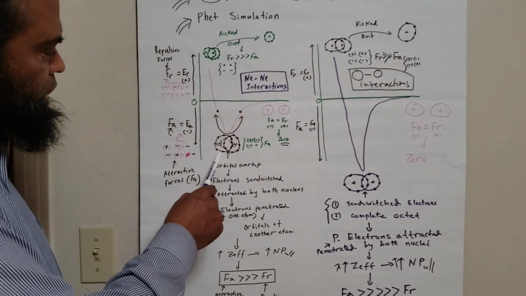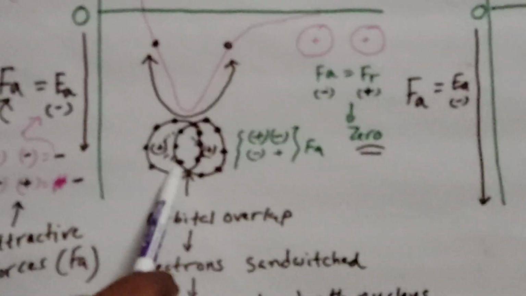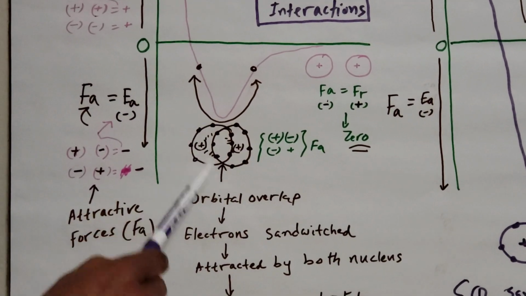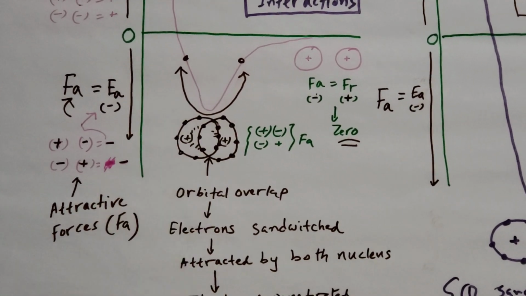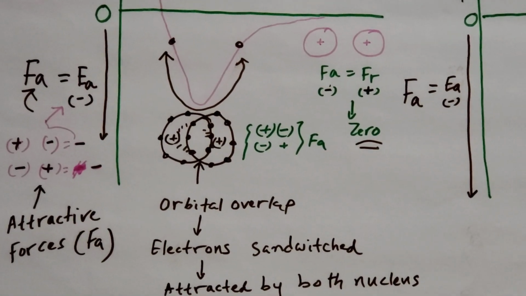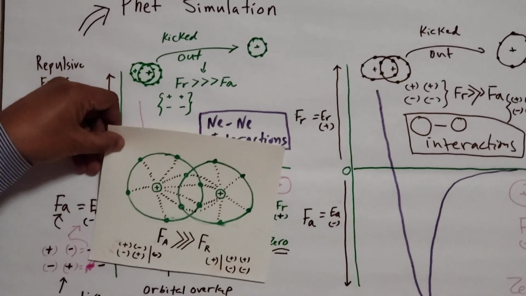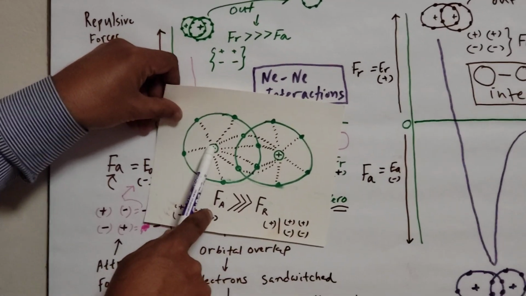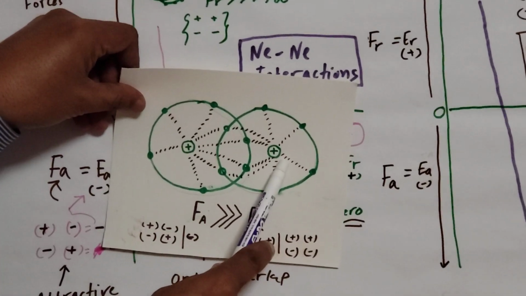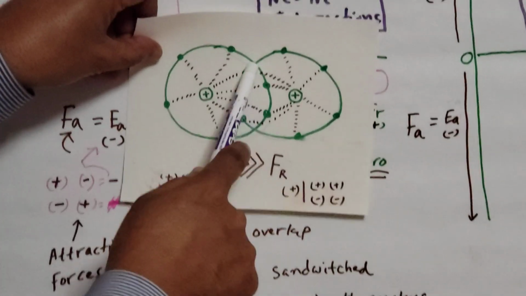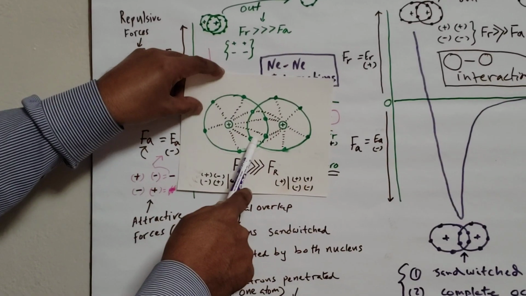Here is one neon atom, and this is another neon atom. They have overlap, right? There is a considerable amount of overlapping. When you have the overlapping, you can see more clearly, this is one nucleus, this is another nucleus, and you have sandwich electrons between the nuclei.